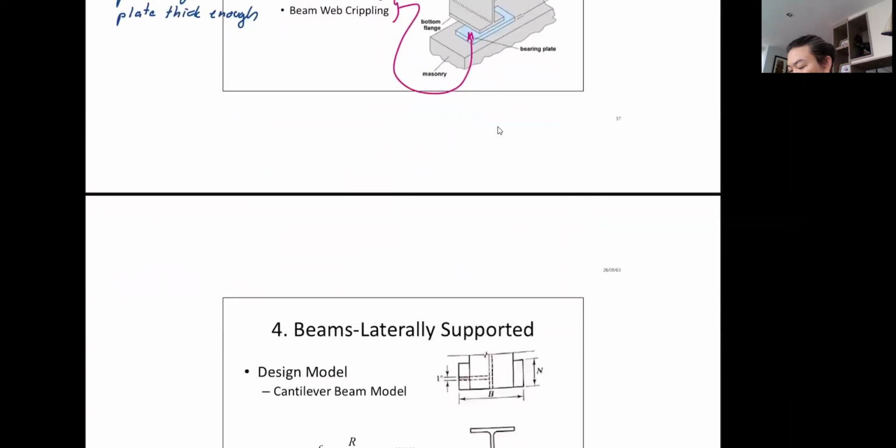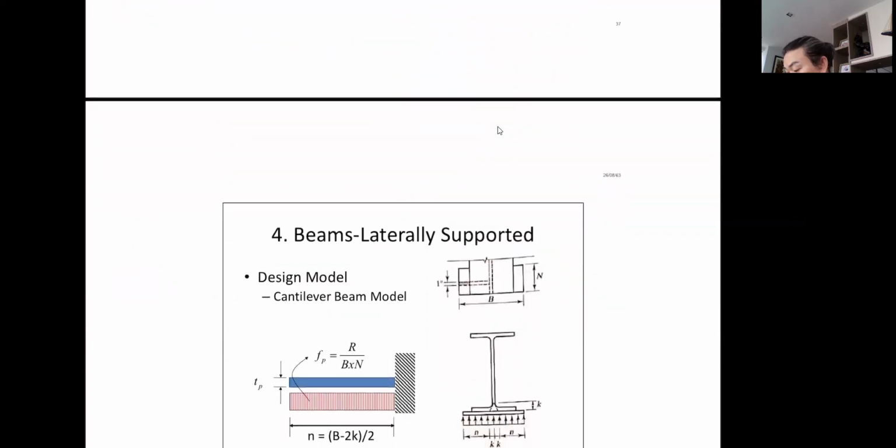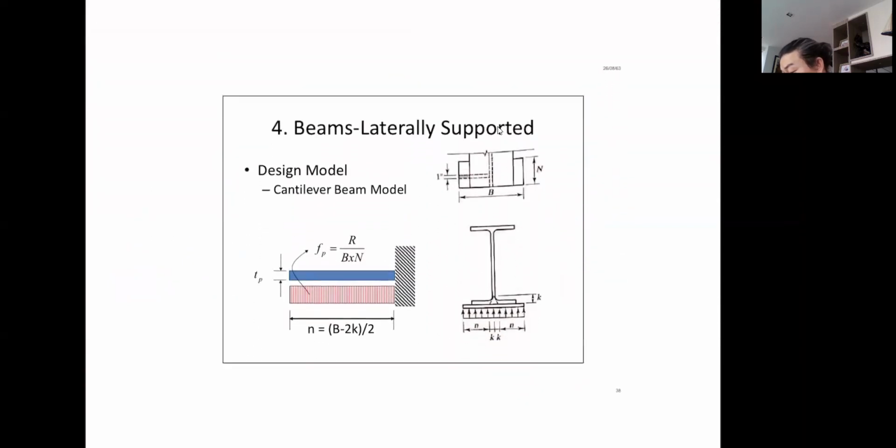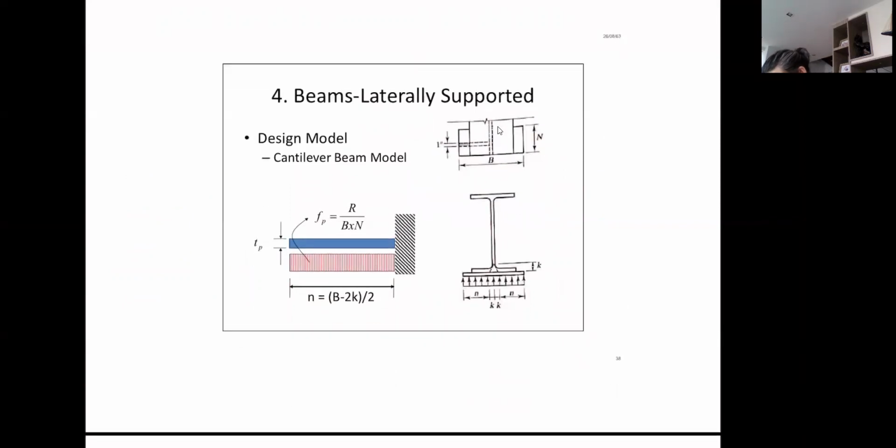No question. All right. So here's the design model. Let's take a look at the concrete first. The plate first. Now, as you can see, this is the plate that supports the beam, right?